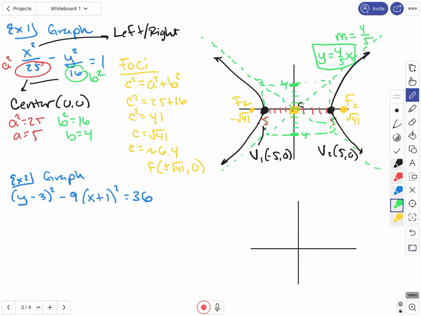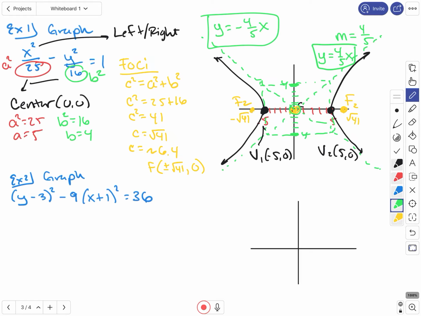It has the same slope, it has the same y-intercept, it's just going down. So this one would be negative 4/5 x plus 0, because again, the y-intercept is 0. So in some problems, you do need to find the equations of the asymptotes. I'll point that out in the next problem too.